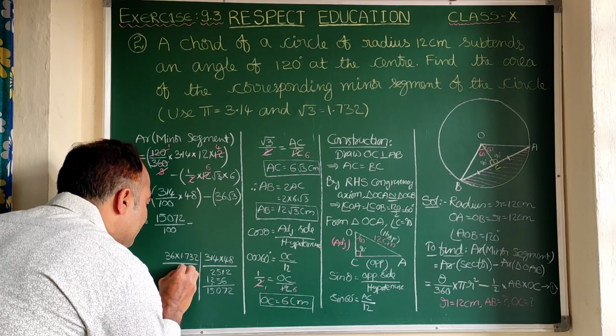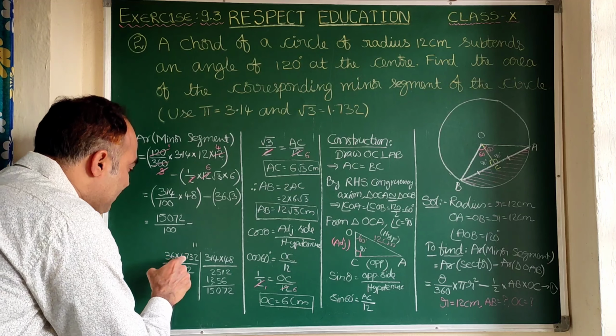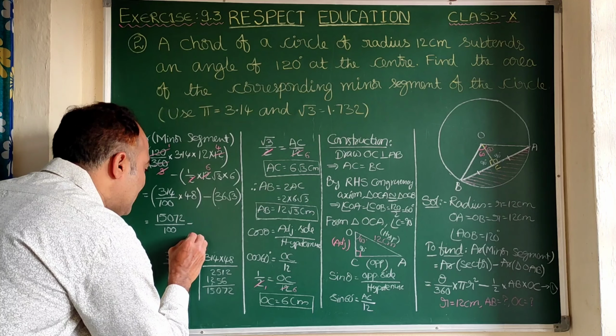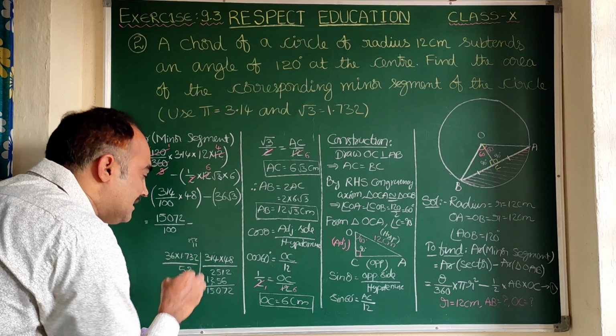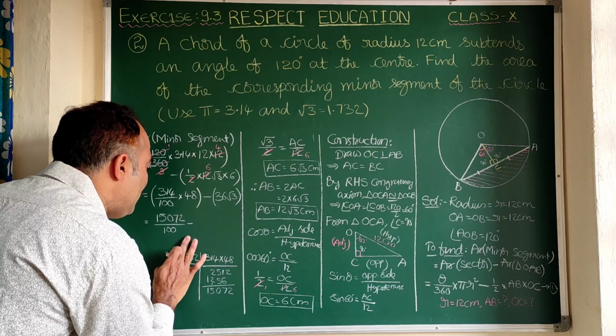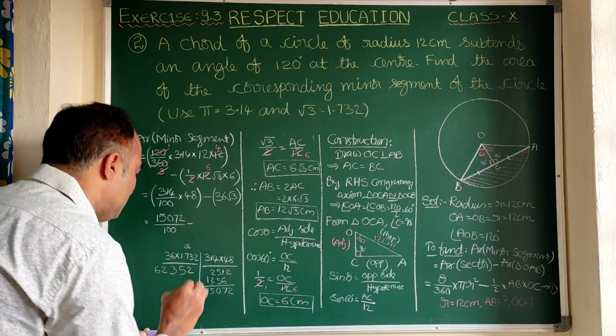I am writing 5 and here 11 is the carry forward. 36 into 7: 7 sixes are 42, 4 is there. 7 threes are 21 plus 4 is 25. It is 263. I am writing here 3 and 26 is carry forward. 36 ones are 36. 36 plus 26 is 62.